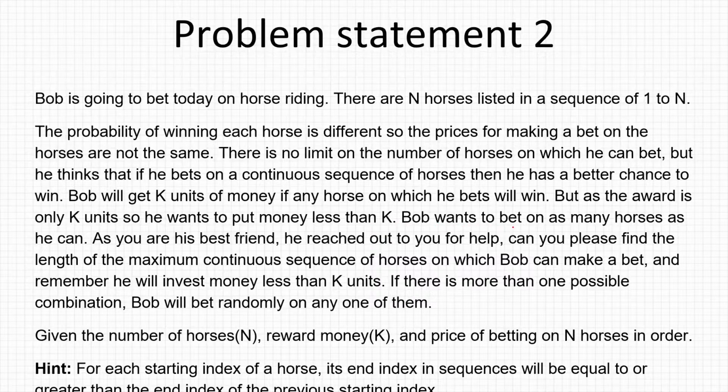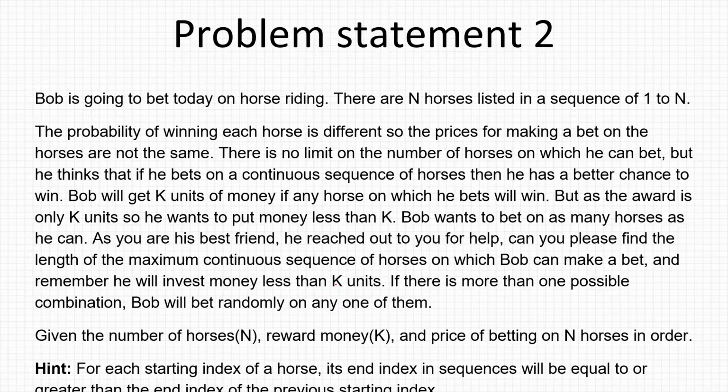Bob wants to bet on as many horses as he can, and as you are his best friend, he reached out to you for help. So can you please help find the length of the maximum continuous sequence of horses on which Bob can make a bet? And remember, he will invest money less than K units. He is not going to invest equal to K units.